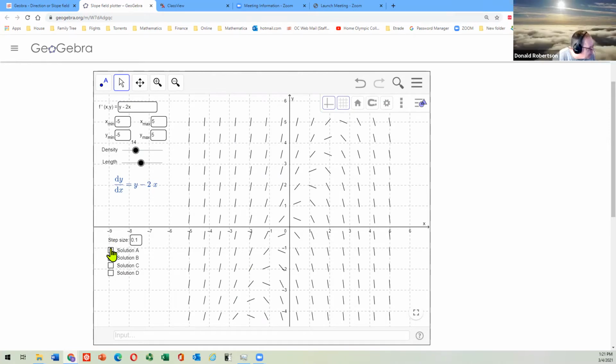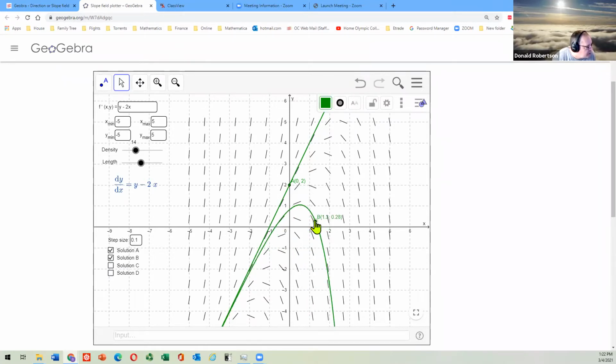So I'll click on that, and when x is 0, y is 2. Do you see I'm moving my little guy to 0, 2? Let's suppose the next point was y of 1 was 3. Y of 1 was 3 would be here.